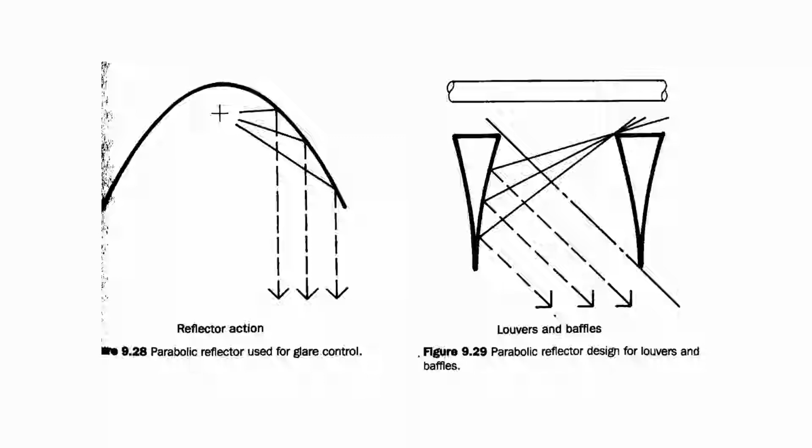A parabolic reflector, as the book mentioned, has this unique characteristic, which is that it offers you a tremendous amount of light control when you have a point light source, typical of a filament, but also, to a lesser extent, LEDs. And even when you have a fluorescent lamp, you can get parabolic light control.